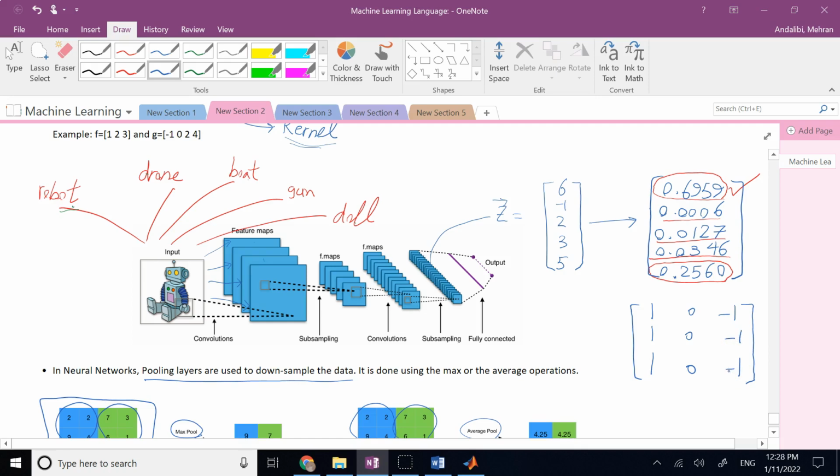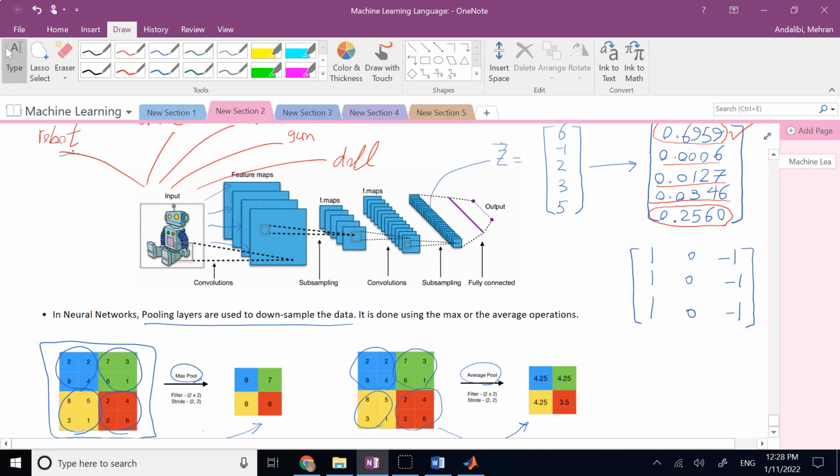What this does, and again, please watch my video that I will post soon on edge detection, this one will detect vertical edges. Or if I convolve my image by something like this, this one will detect horizontal edges, because you see horizontal change in the layers.